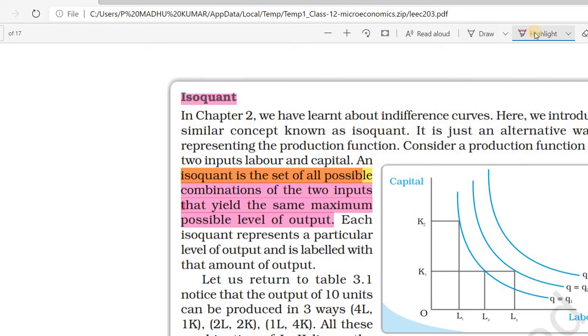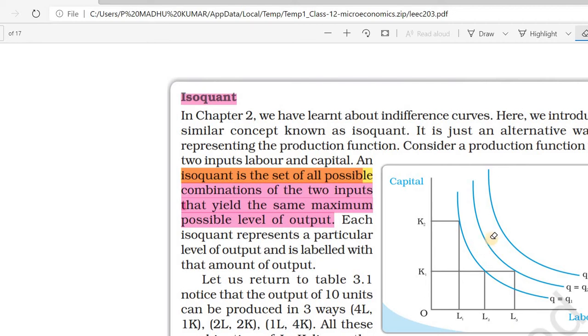Here you can see in this diagram the points. The first one is K1 and this is K2. When it is K1, K means capital. We already studied what the capitals we are using for a production are.